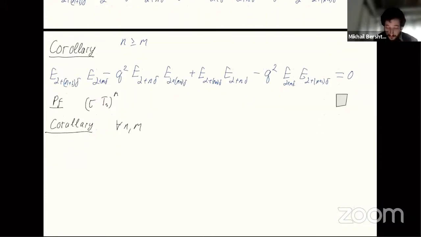And now maybe it's a good point to introduce currents or loop generators, which I want to, for the first time, and actually last time I think in my lecture today, introduce. Let e of z be the sum over n greater than or equal to 0 of e alpha plus n delta, z to the power minus n.